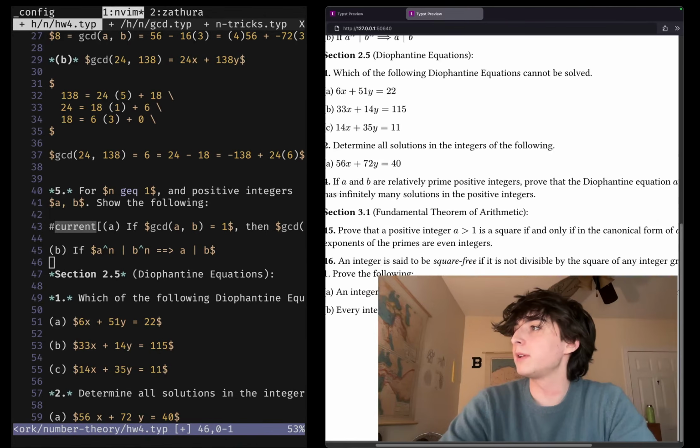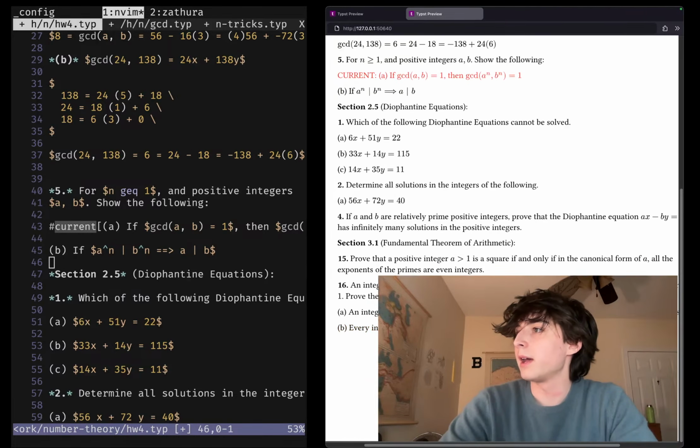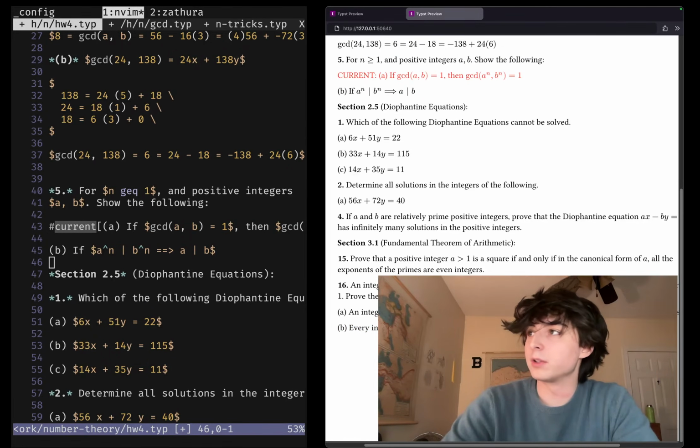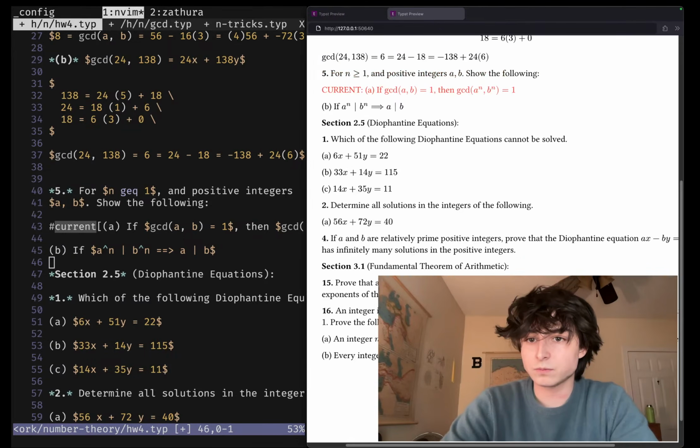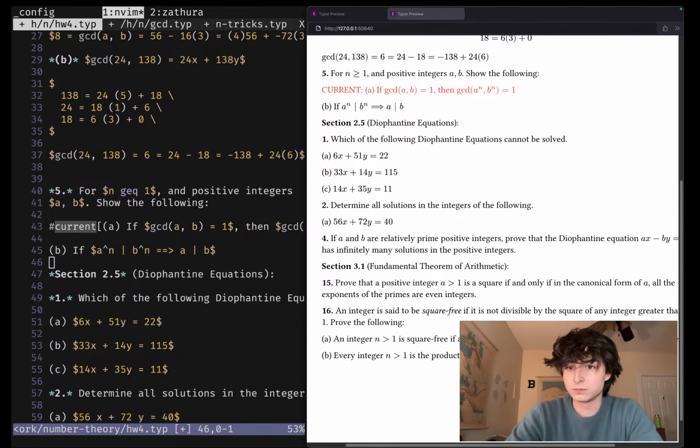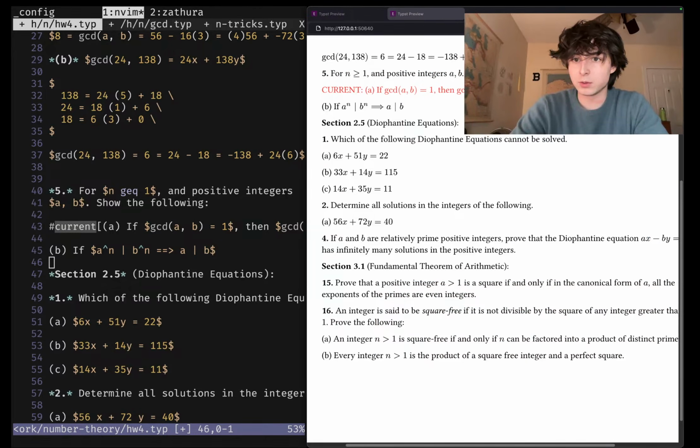Like this one down here, when I was writing it out: every integer greater than 1 is the product of a square-free integer and a perfect square. Oh, you cannot see that. Let me put myself up in the corner, maybe. That's just so bizarre that that's true.